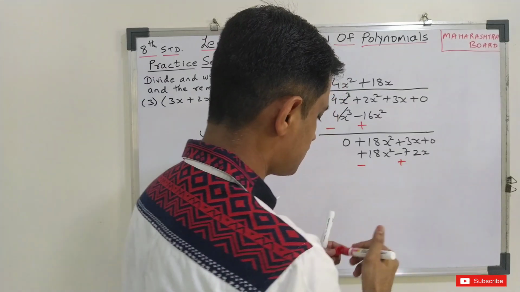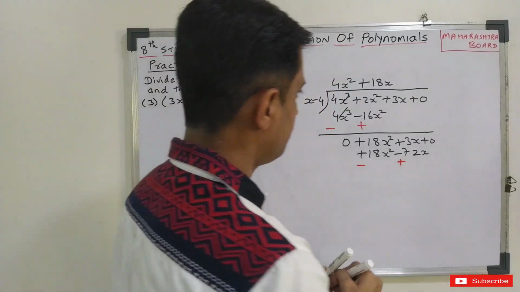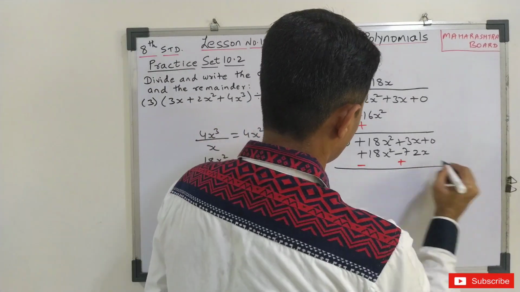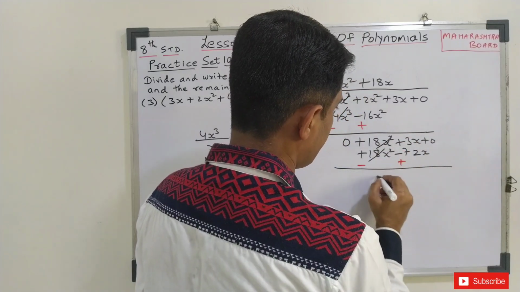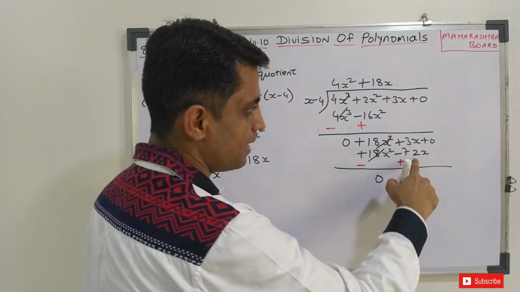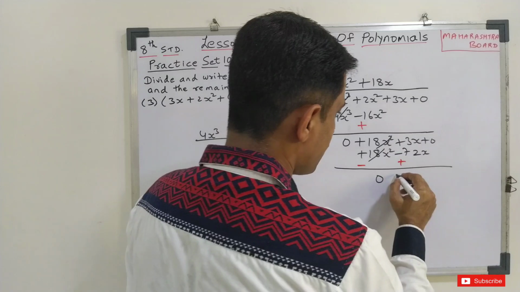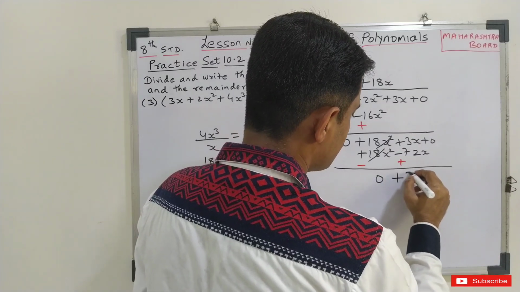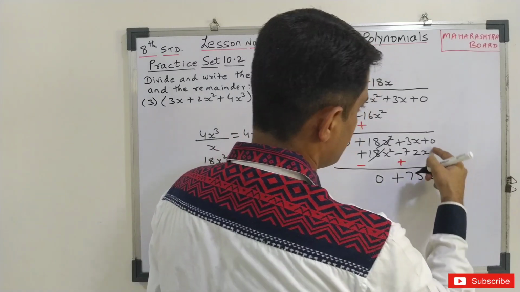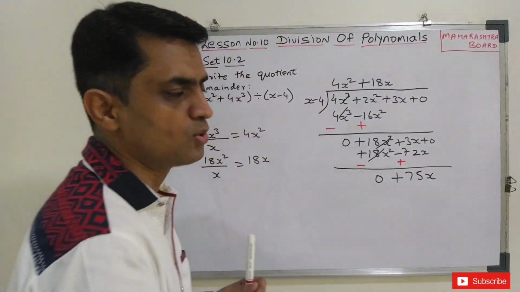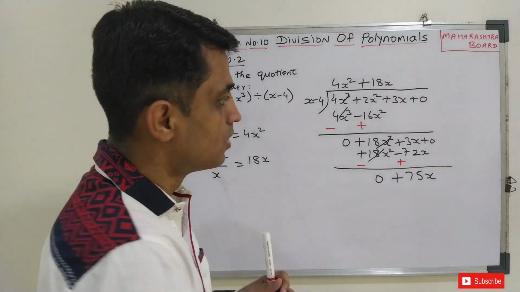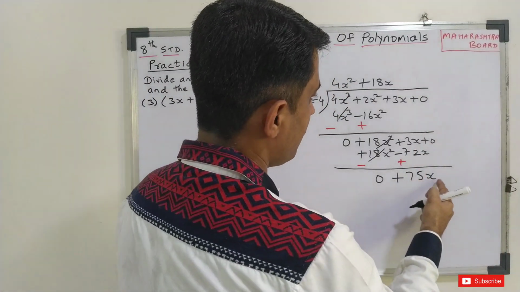Minus plus. So here this will get cancelled. You will get 0. Now plus 3 plus 72 will be what? Plus 75x. Plus 0 if you don't write it is okay because now it is no use. So what you got? 75x.